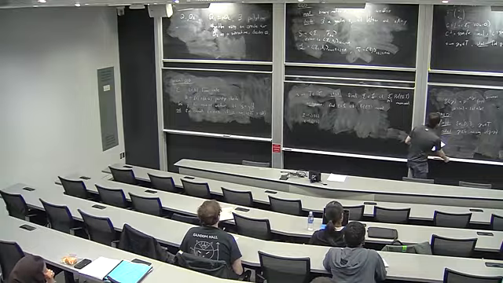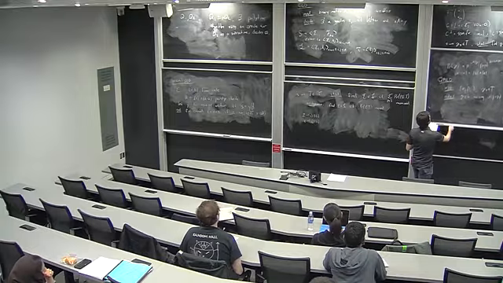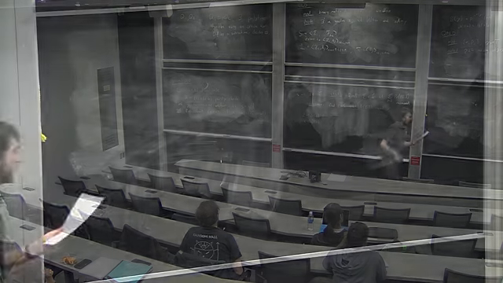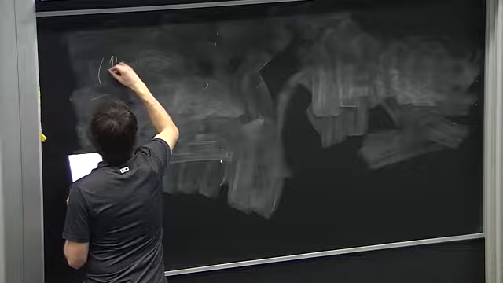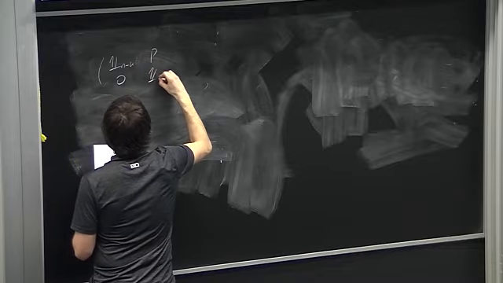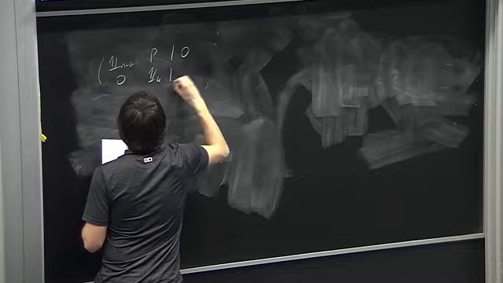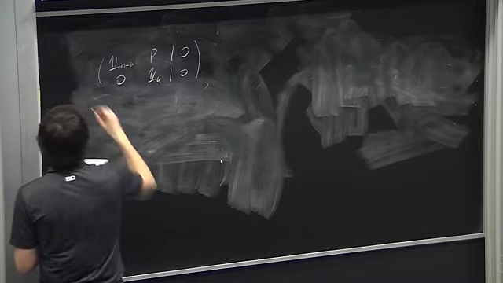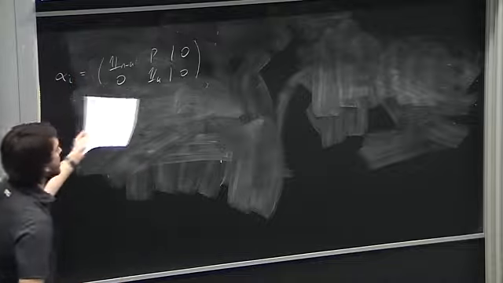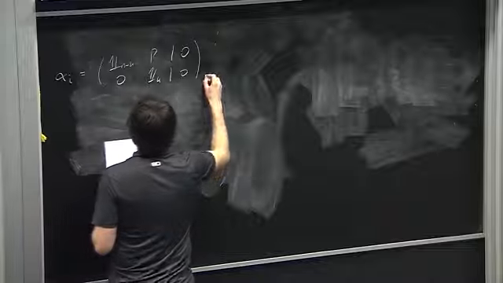And I'm not going to have time to go through the full reduction. But what they essentially end up doing is they create these matrices of symplectic vectors. And alpha i is just the ith row of this matrix.